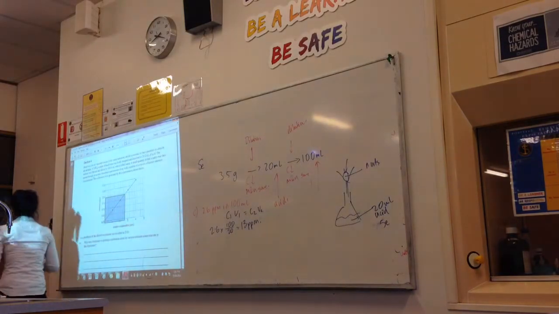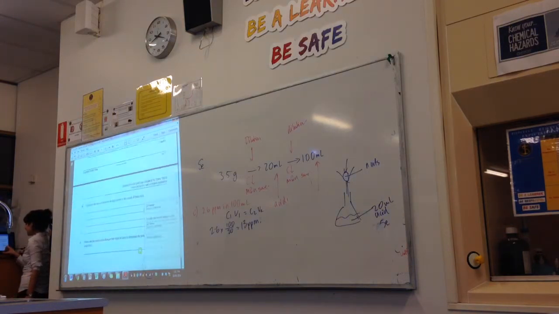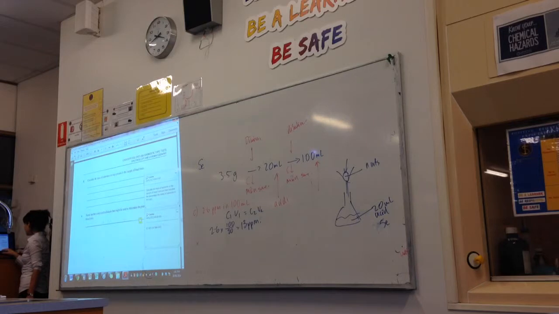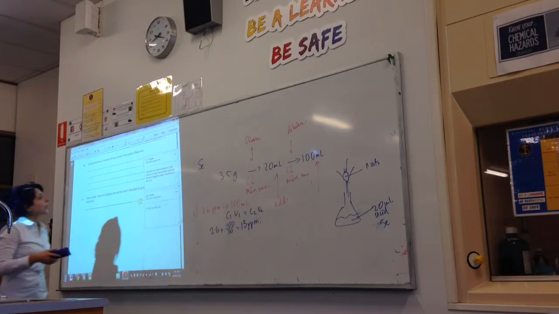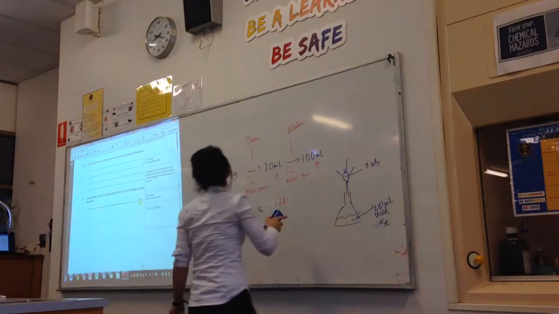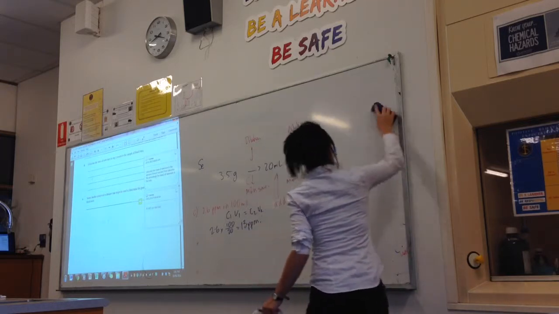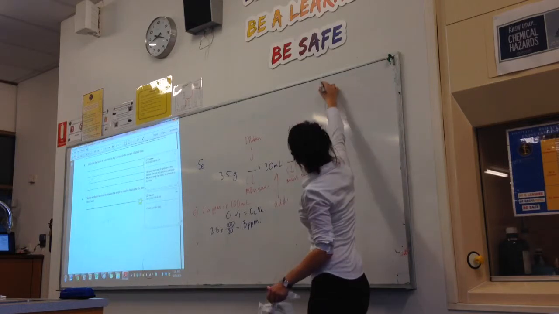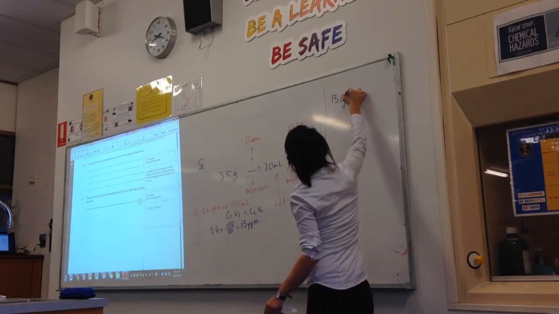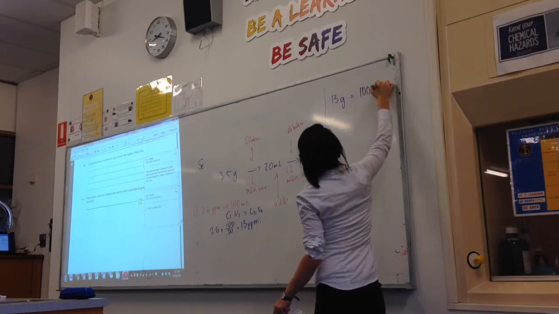The hard part, you guys are all good at dilutions now, which is good. But the hard part is this one: calculate the mass in milligrams present in the sample of Brazil nuts. Now, 13 ppm, what does that mean? 13 grams in 1,000,000 grams.